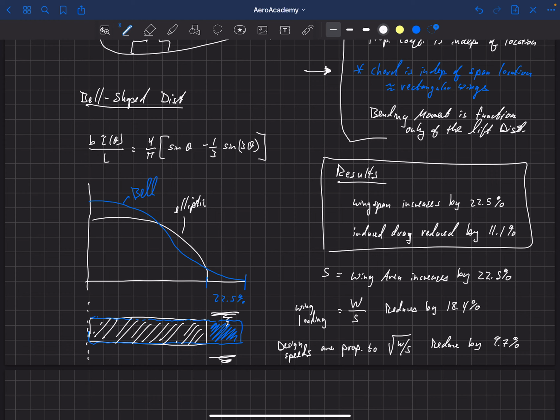It's going to change the wing area, and it's going to reduce our design speeds by almost 10%. So just be aware that the design speeds for these two different wings are different if we apply this bell-shaped lift distribution blindly, exactly how Prandtl wrote about it here.